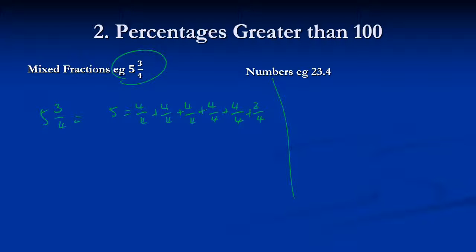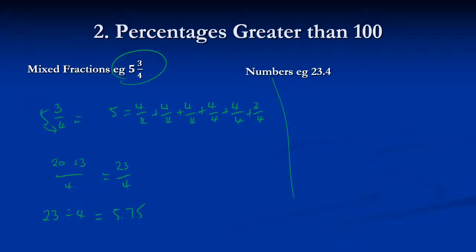Now, if I'm looking at that, it's quite tedious, I suppose, to do it that way. So I would just go 5 times 4 is 20, plus another 3 equals 23/4. Now, I would then just go to a calculator, and I just say 23 divided by 4 equals 5.75.